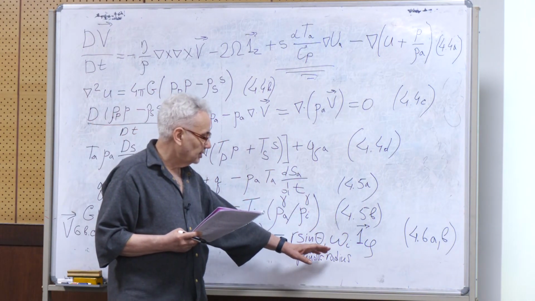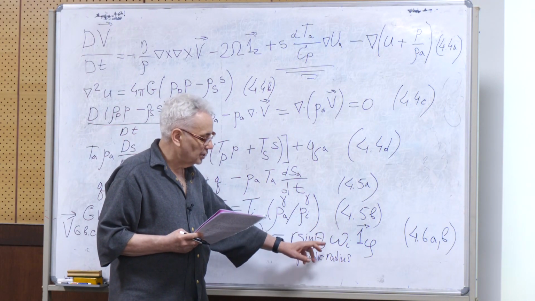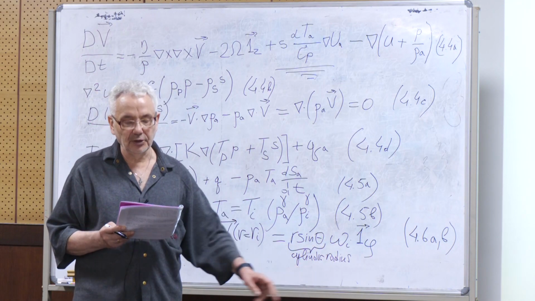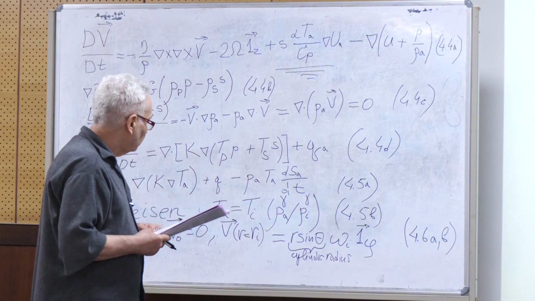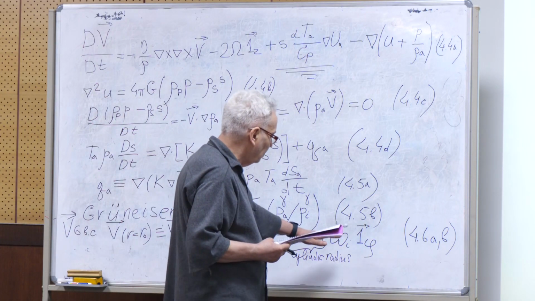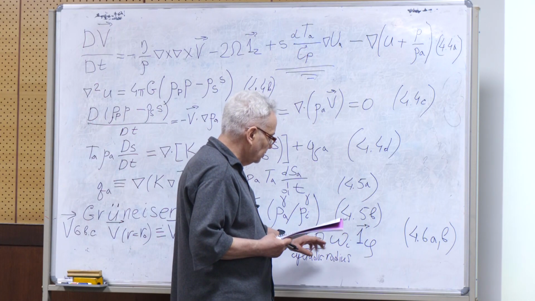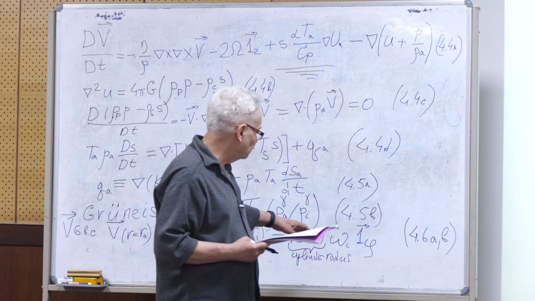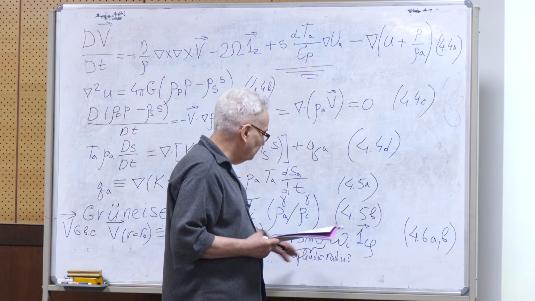This cylindrical radius goes in front of the angular rotational rate, and so it creates the final velocity. We just multiply the angular rotational rate by the corresponding radius, and so we have the velocity.